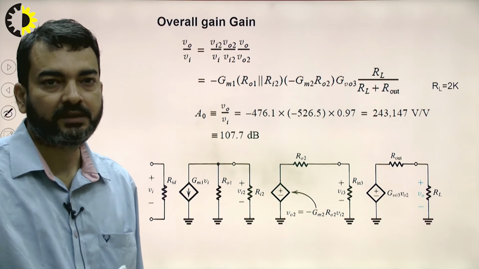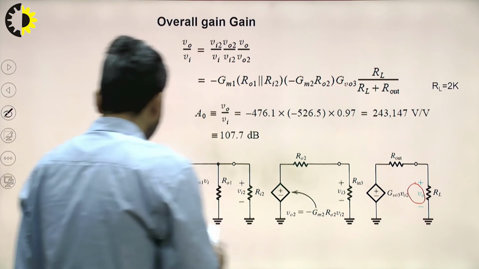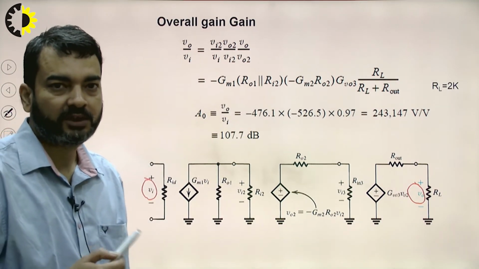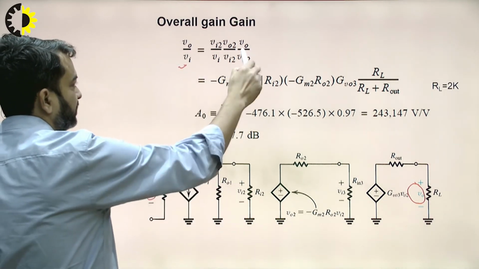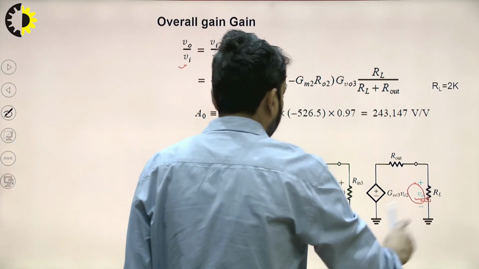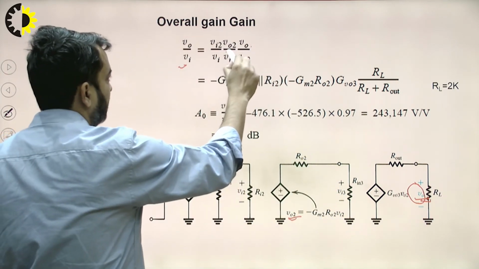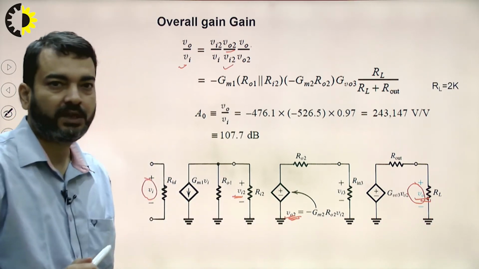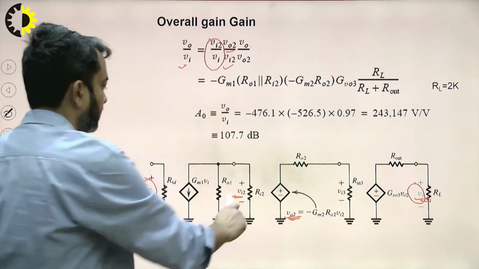So overall gain is nothing but output voltage V0 by input voltage Vi. It can be represented as V0 by V02, multiplied by V02 by Vi2, multiplied by Vi2 by Vi.